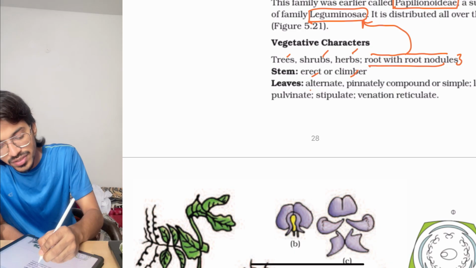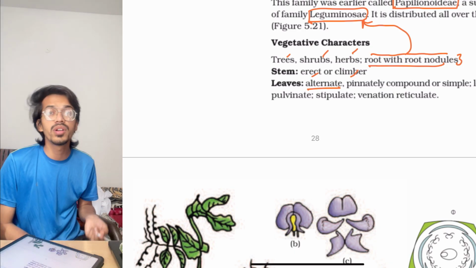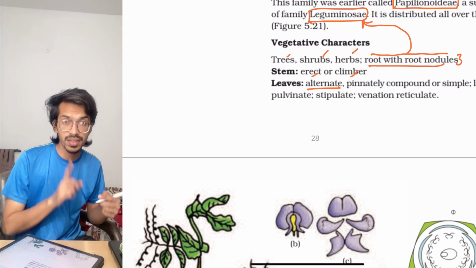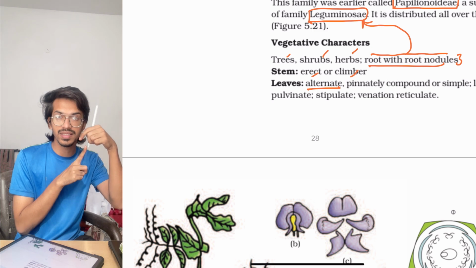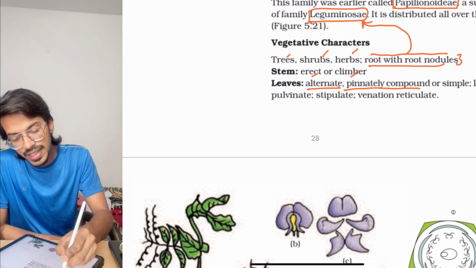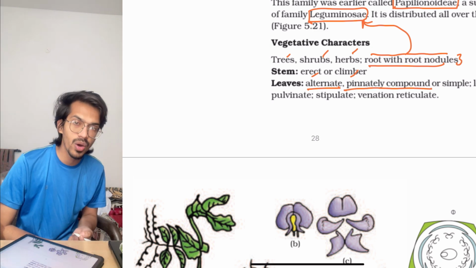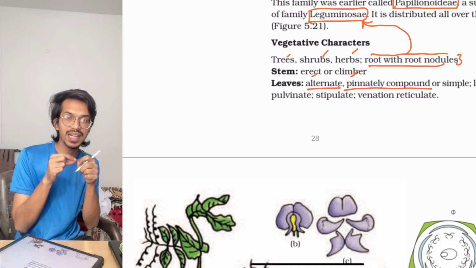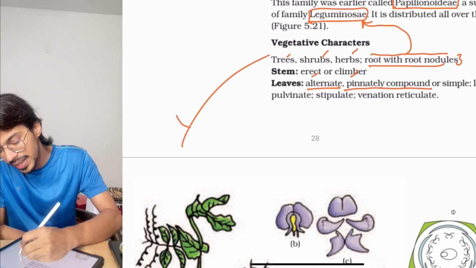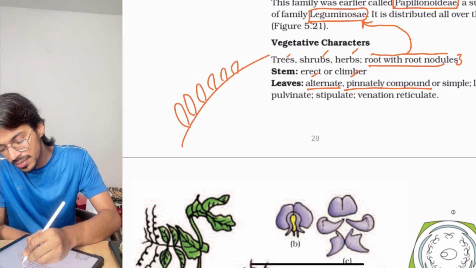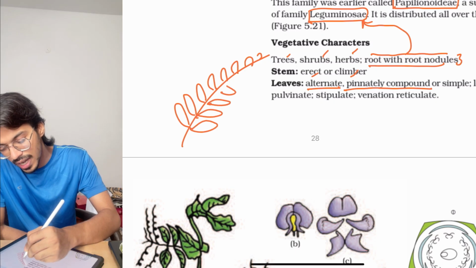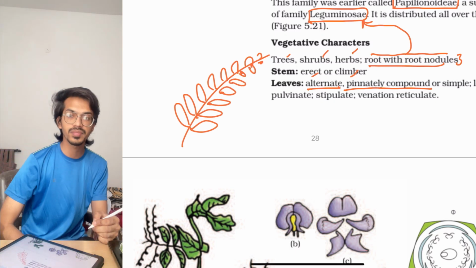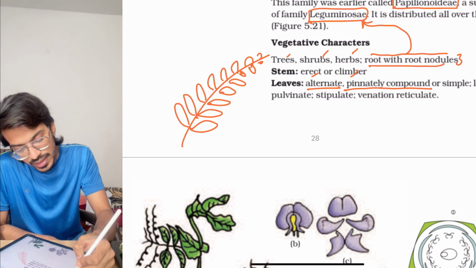Then the leaves are alternate. We have already studied what that is: one is here, another here, another here. Then pinnately compound. Pinnate means a compound leaf, where the cut goes till the center. If this is the main axis, the leaf will have leaflets like this. That is a pinnate leaf.